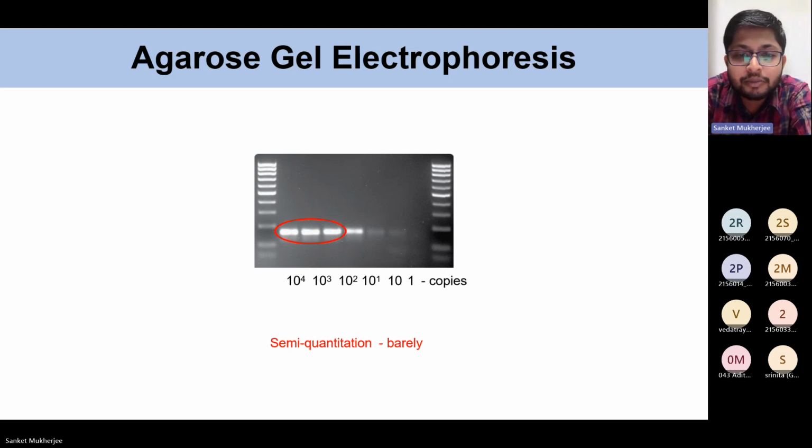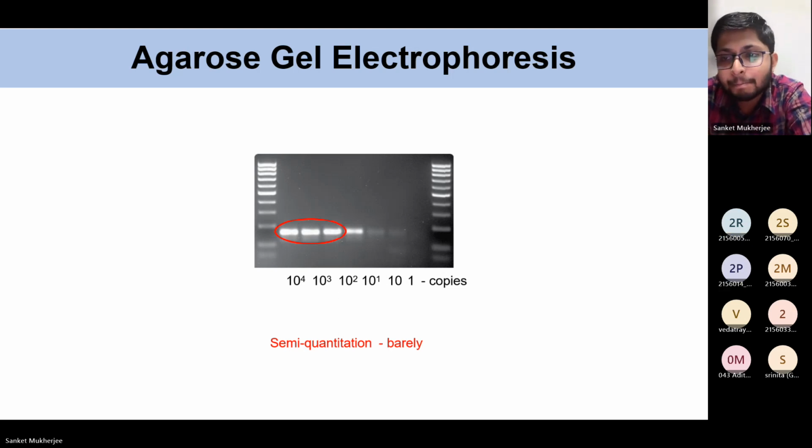Then I'm again taking 1%, 10 to the power 6. Again 1%, 10 to the power 4. Again 1%, then it is coming as 10. So the number of serial dilutions I have done will let me know the final number of copies.